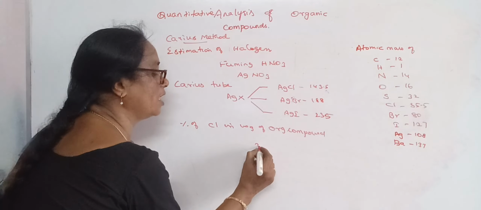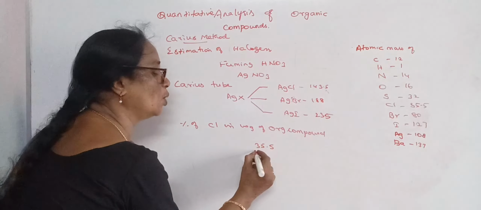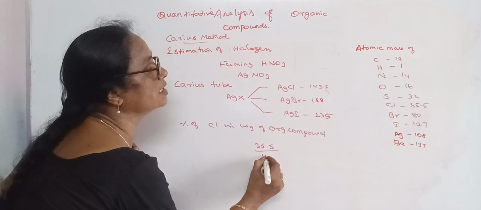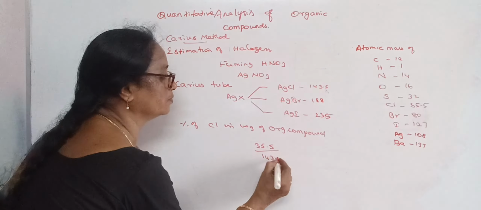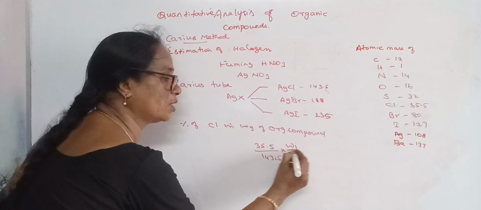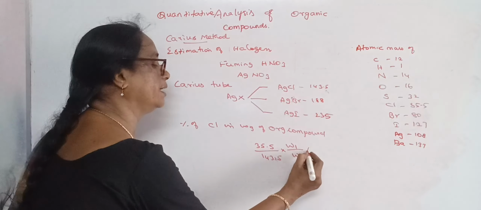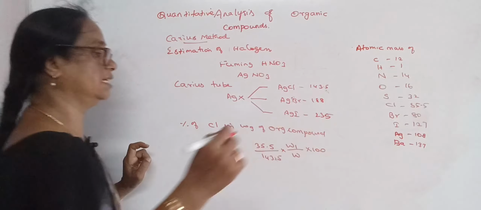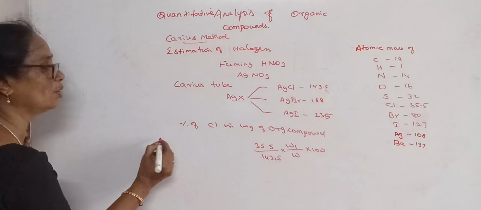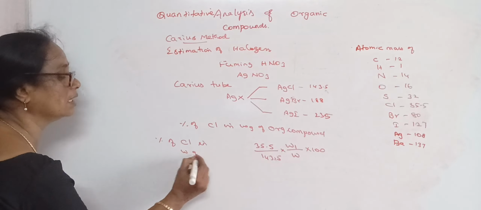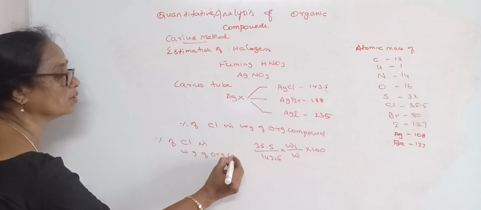The atomic mass of chlorine is 35.5 and that of silver chloride is 143.5. The mass of silver chloride is W1 gram, obtained from W gram of organic compound, and it is multiplied by 100 for the percentage. Therefore, this is the percentage of chlorine in W gram of organic compound.